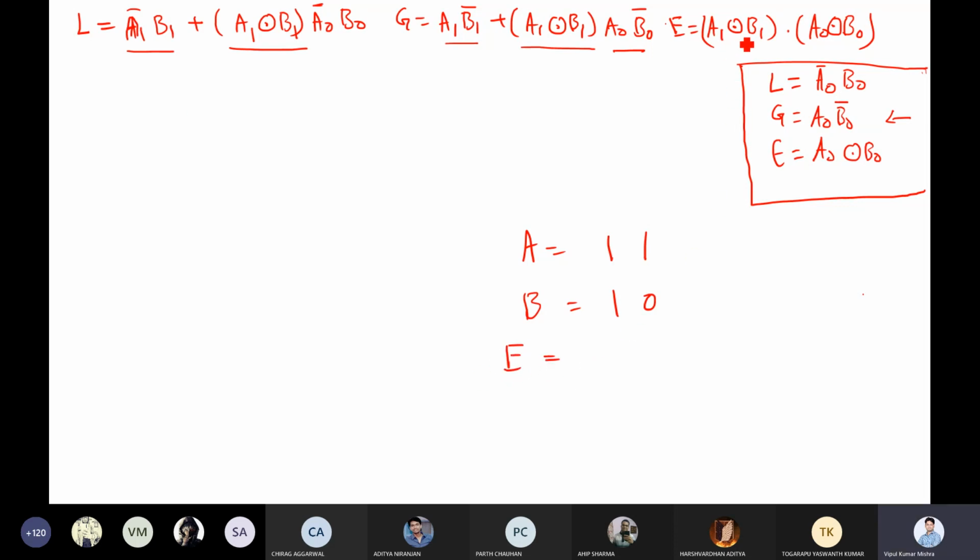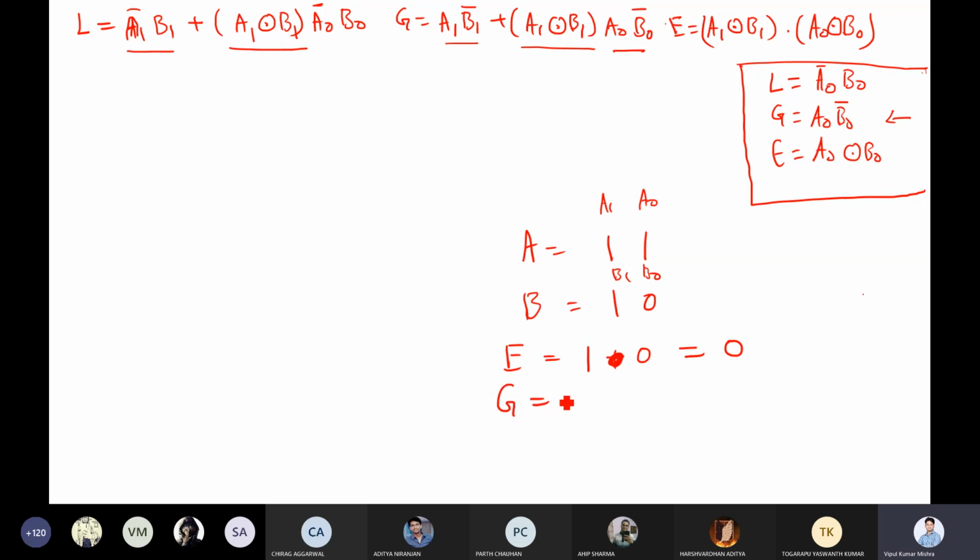A1 XNOR B1 will become 1. This is your A1, A0, B1, B0. A1 XNOR B1 gives 1, dot A0 XNOR B0, which is 0, so the final answer will be 0.